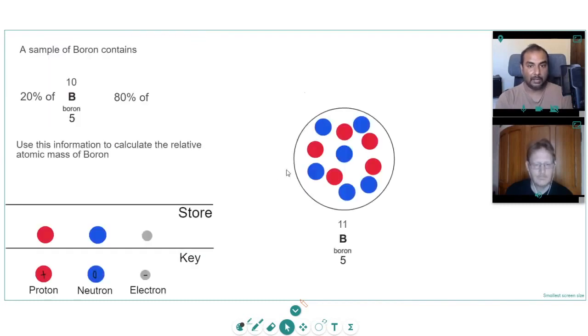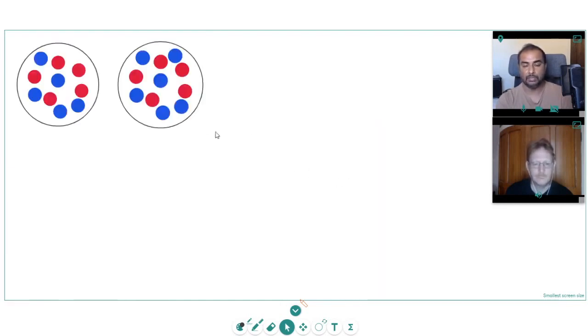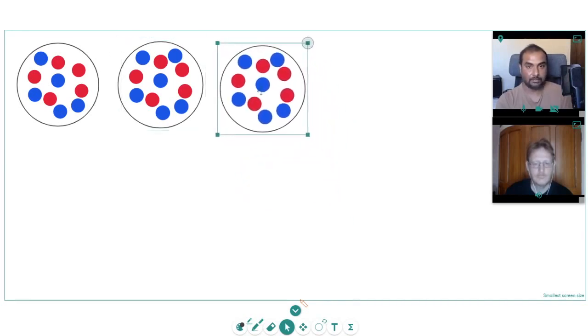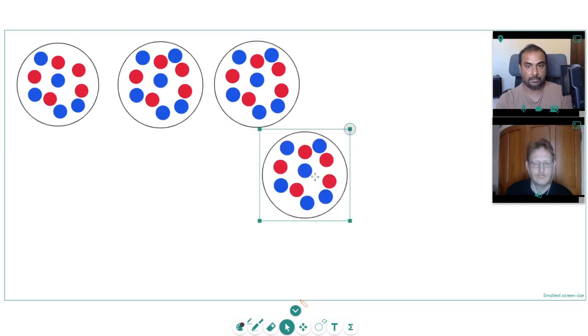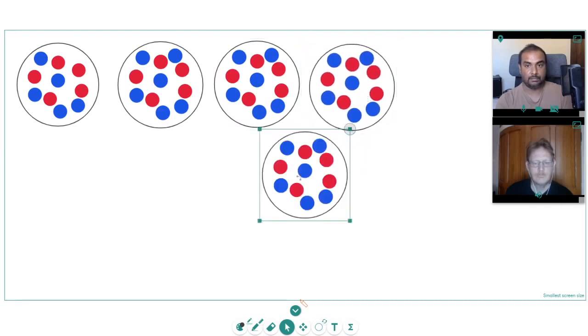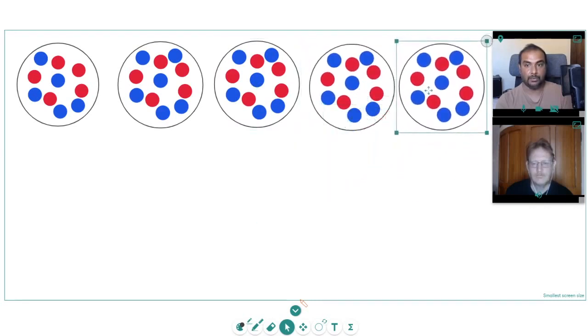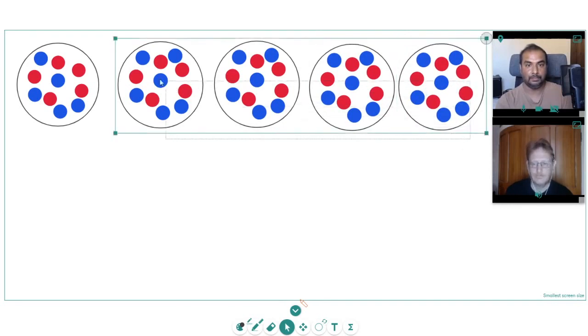What do we know about boron-11? 80%, it's the one that's more. 4 of those and 1 of that. So I'll be very literal with this. 1 of that. And 4 of those.